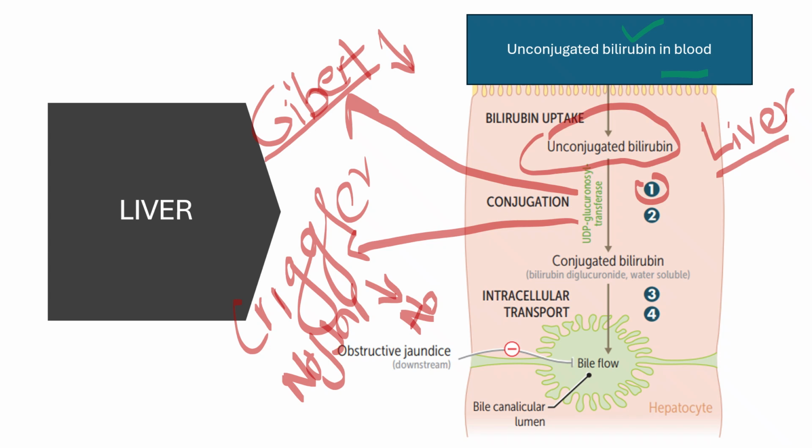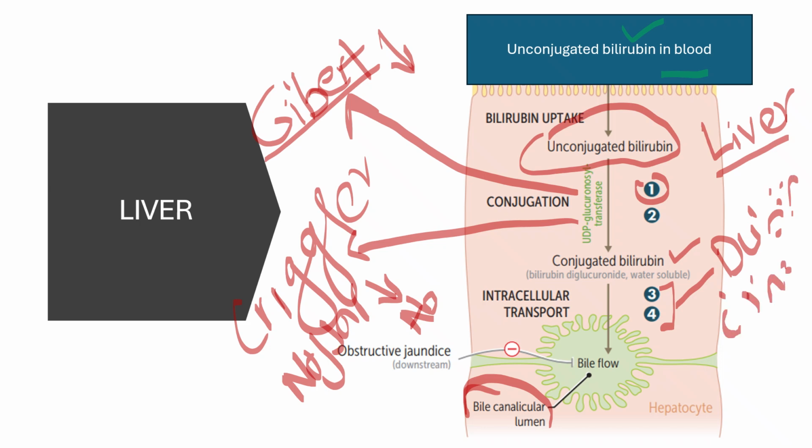After this bilirubin is conjugated by this enzyme, it is excreted into the bile canalicular lumen. There are two other hereditary hyperbilirubinemias known as Dubin-Johnson syndrome and Rotor syndrome.